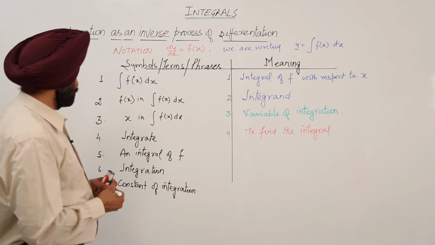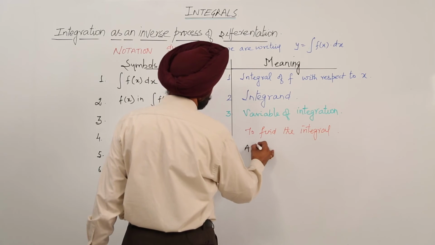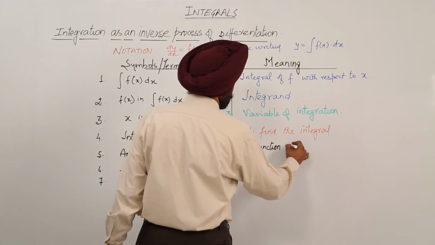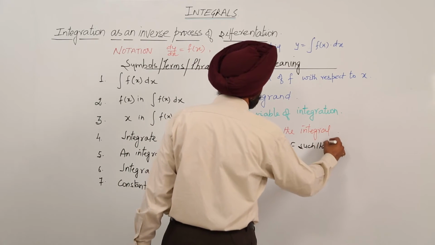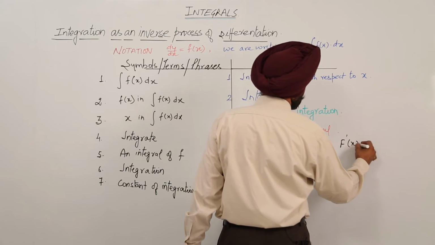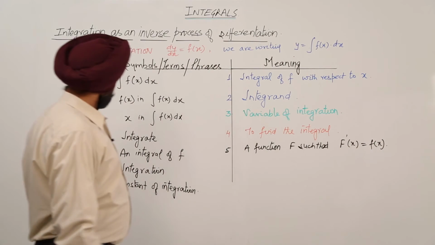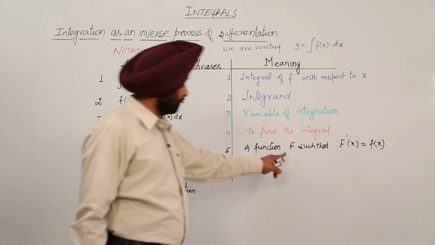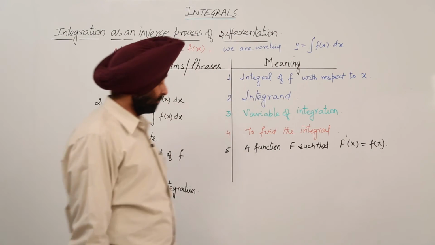Number 5 means a function F such that F derivative x is equal to f(x). An integral of f means a function F such that F'(x) is equal to f(x).